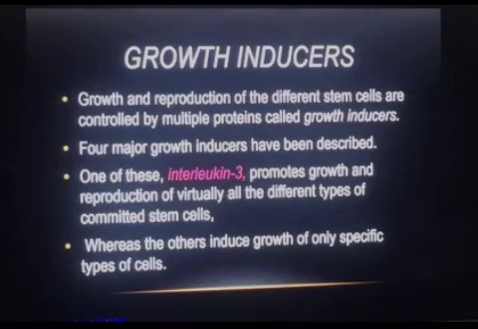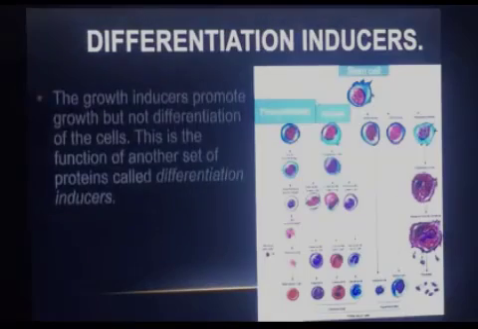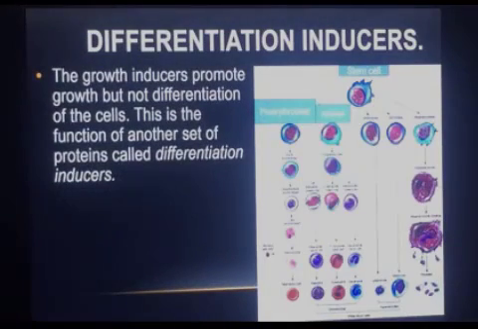Either they produce red blood cells, white blood cells, or platelets, granulocytes or agranulocytes. Now there is the differentiation inducer. The growth inducer produces growth but not differentiation of the cell. Differentiation is a function of another set of proteins called differentiation inducers.